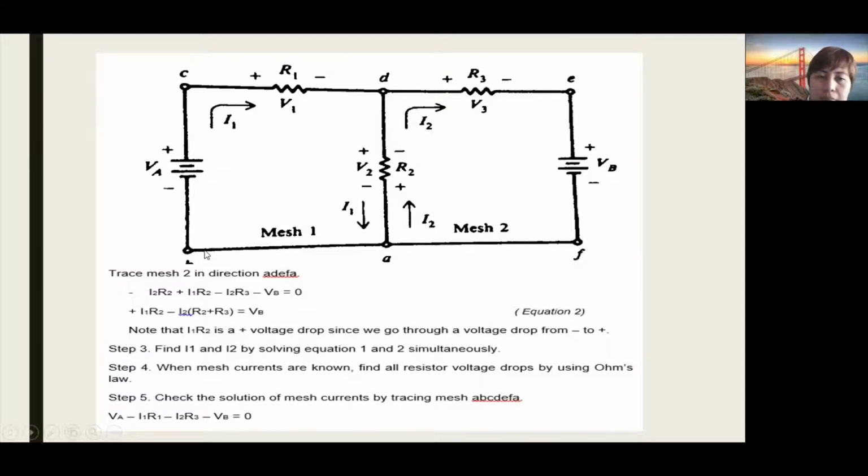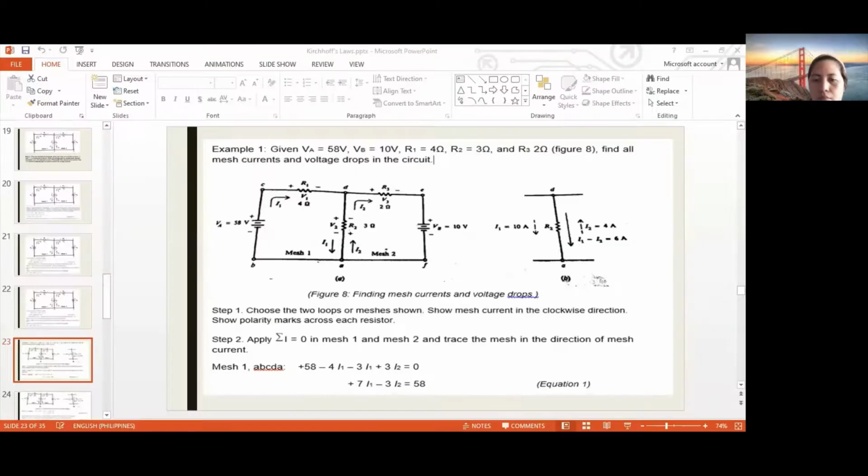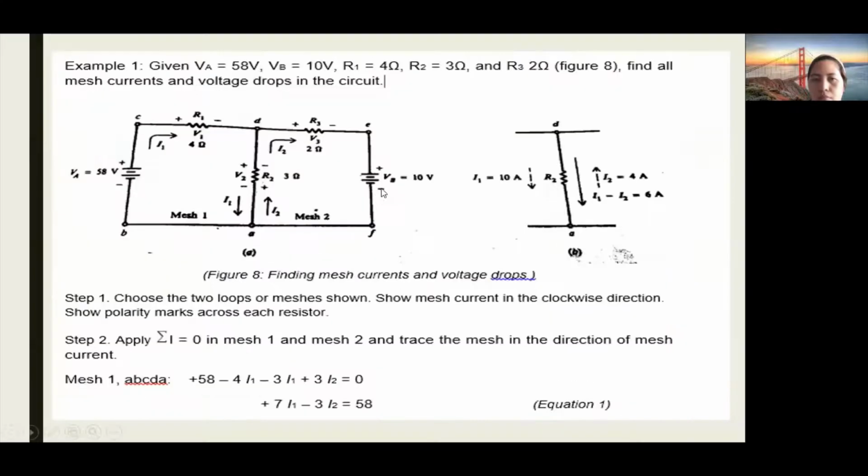It's A, B, C, D, E, F, A. So that's for the whole loop. That's why it's called mesh, because it's complicated; it's not just one current. Given VA, or the voltage applied, is 48 volts.